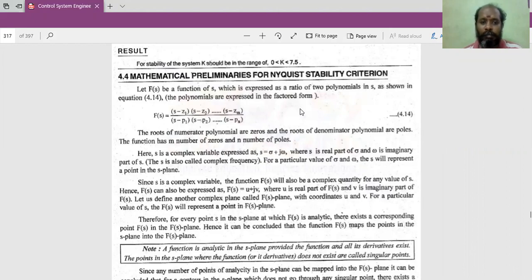So let us start with the basic mathematical preliminaries for this Nyquist stability.